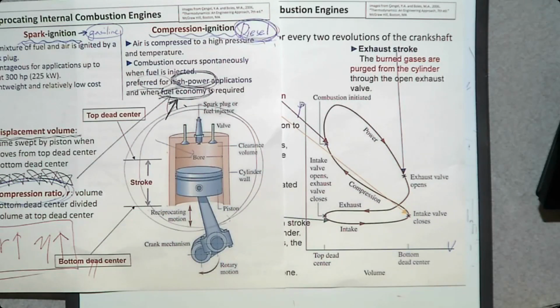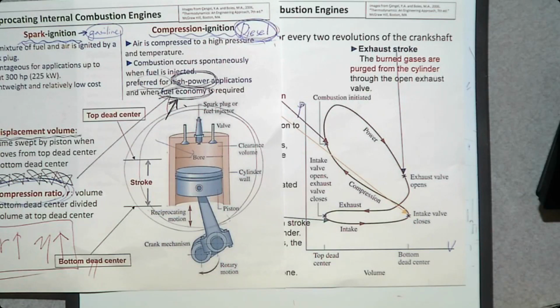Once it hits the bottom dead center, now what's inside? Do we still have an air-fuel mixture? Not anymore. Now we have an exhaust gas. So we want to remove this exhaust gas out of this piston cylinder device. How can we do that? Now we are going to open the exhaust valve and then move this piston upward. So this exhaust gas goes outside.